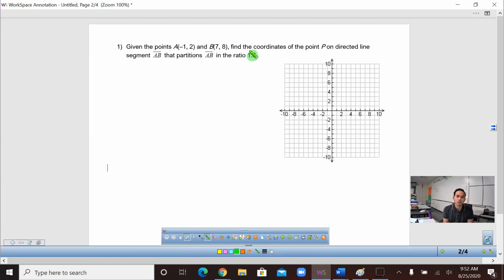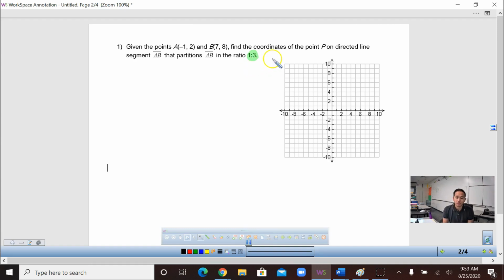Now, in partitioning a line segment, if the ratio is given in this form, we have to convert it into a fraction. So, how are we going to convert this into a fraction? You just add the two numbers, and then you copy the first number to be your numerator.